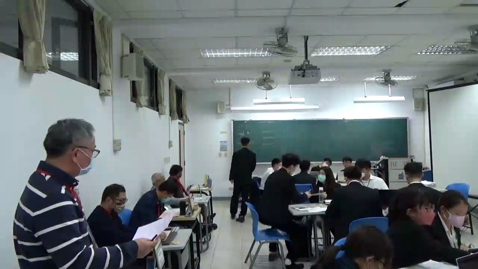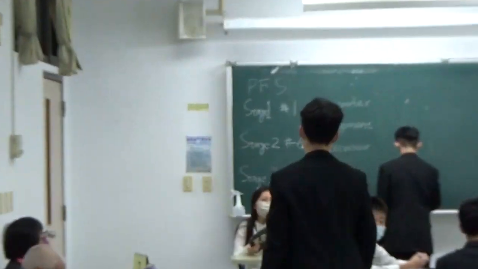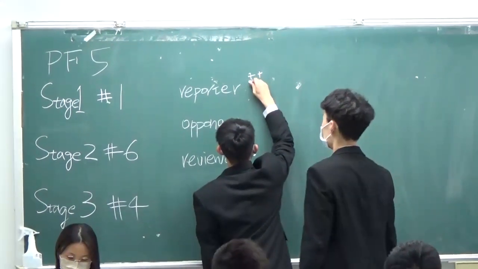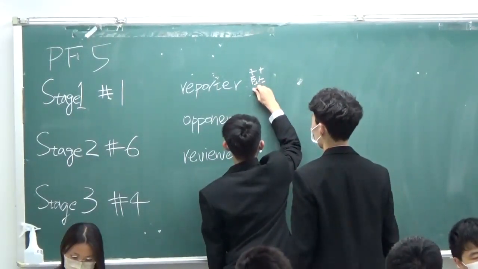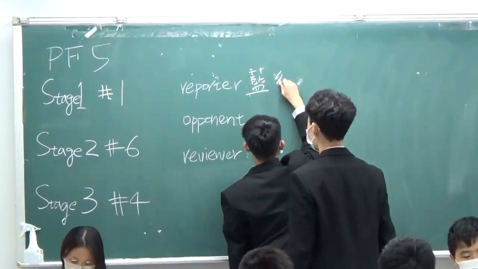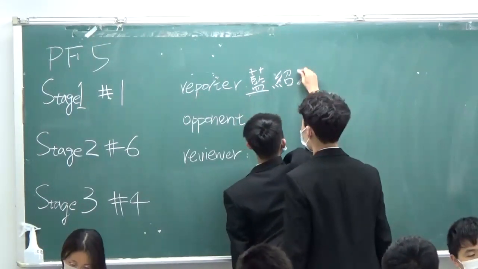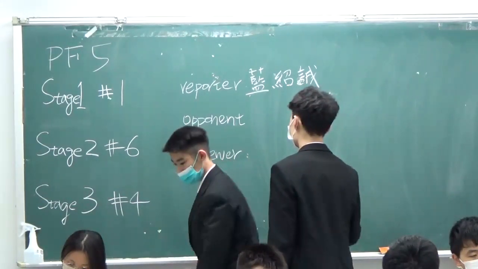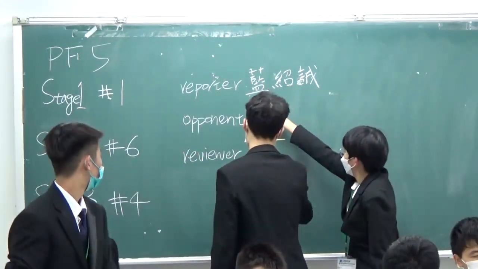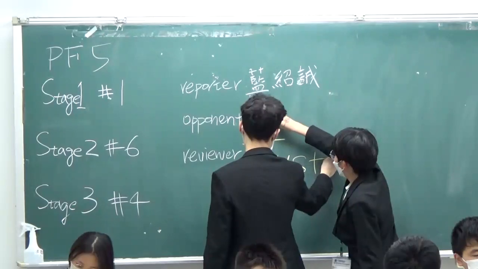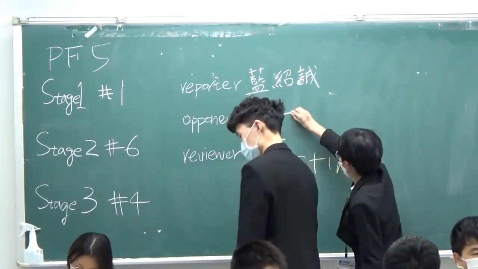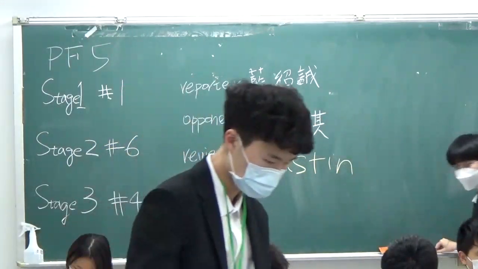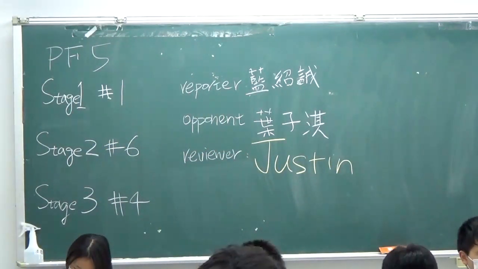Your reporter will be Excel field. Opponent will be emitter, and reviewer all-nighter. The reporter has 5 minutes. Okay, the problem will be number 4, the card of 9.